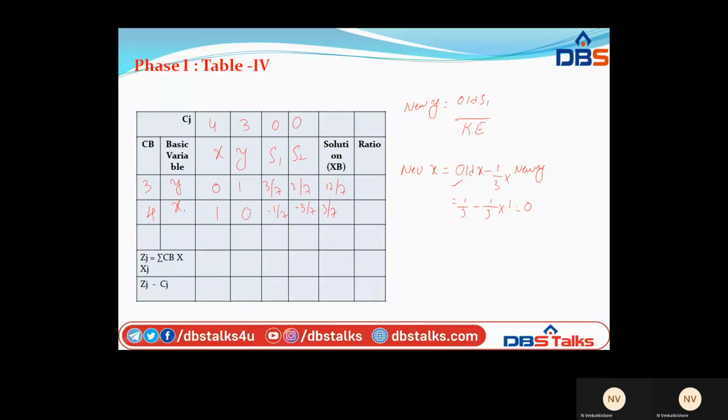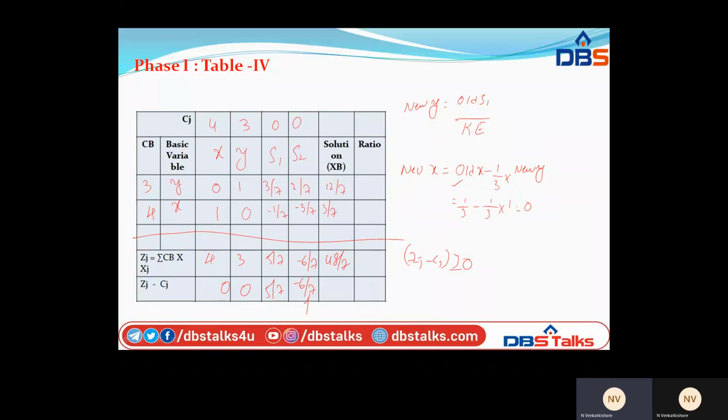4 and multiply this column. This row is not required. 4, 3, same Zj minus Cj. This is the same procedure, but here Zj minus Cj is not getting the greater than or equal to symbol.